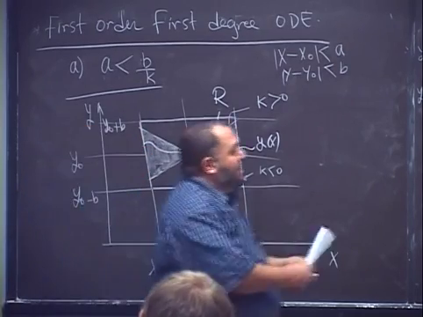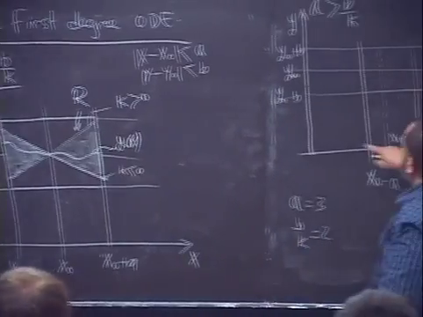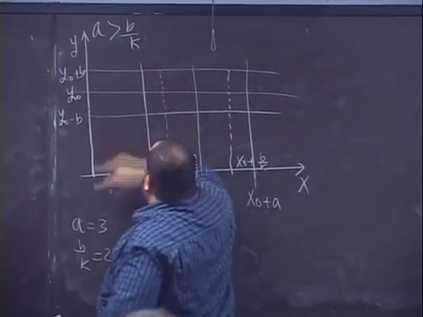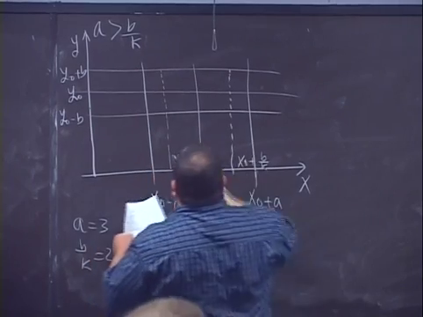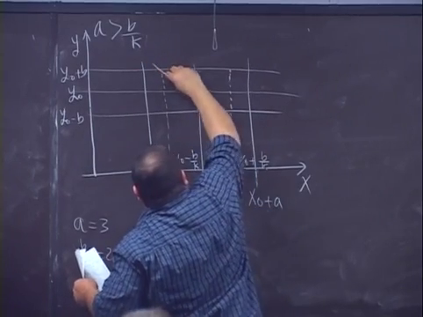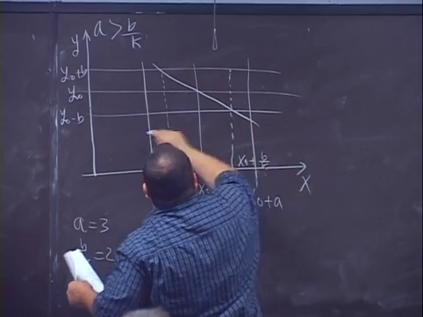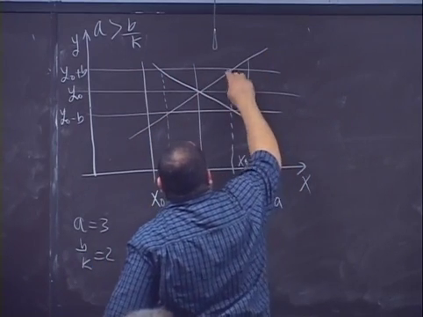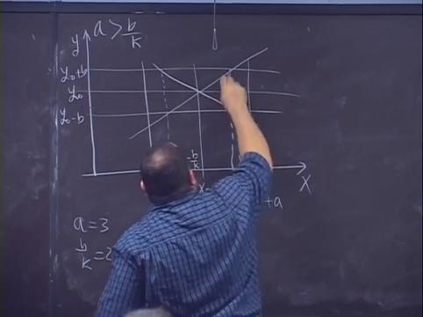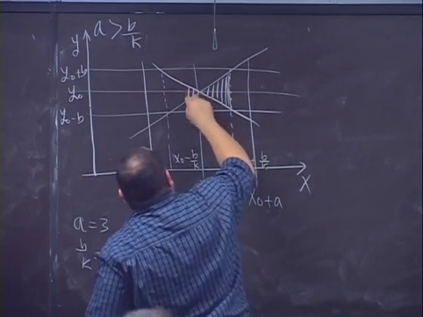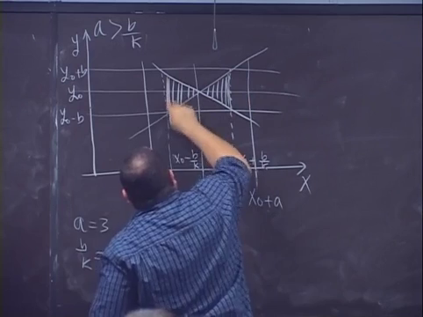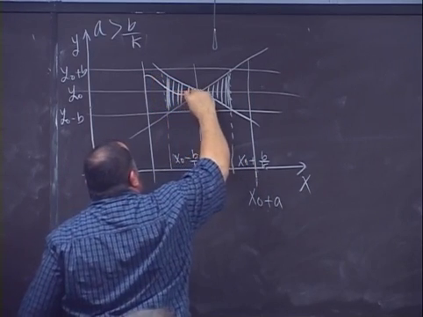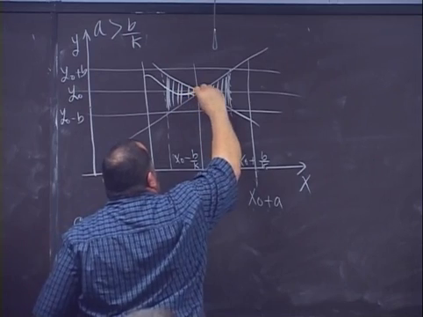Now, if b over k is less than a, this is the negative k slope, this is the positive k slope, and again I will have the solution in this region here.